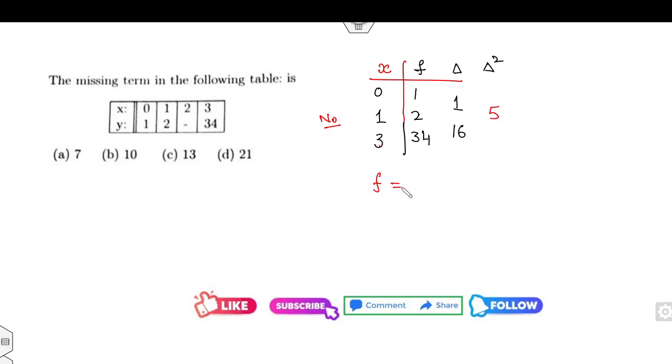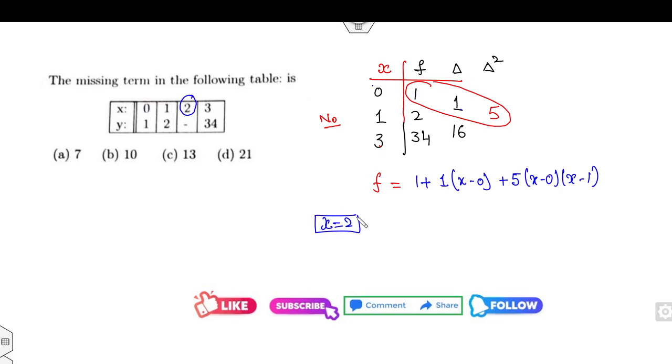So what is my polynomial? I can take it as the first pair, 1 plus 16 of x minus 0, and 5 of x minus 0, x minus 1. My target is to find the value at x equal to 2. 1 plus 2, 2 and 1, 10. So 13 is the correct answer of this problem.